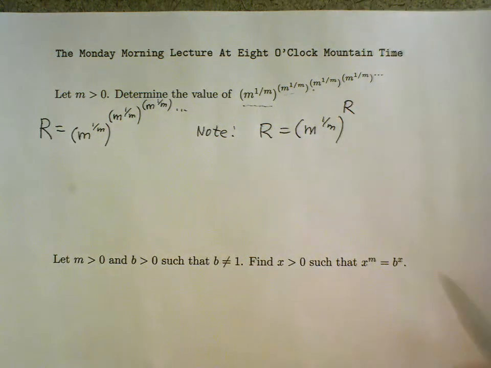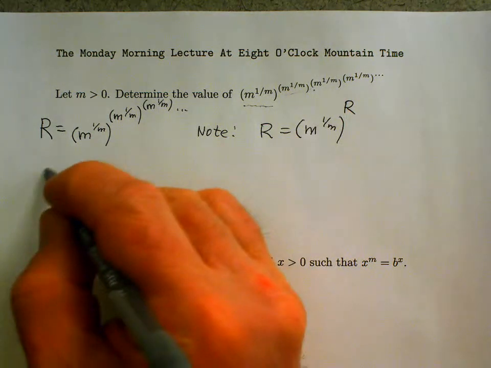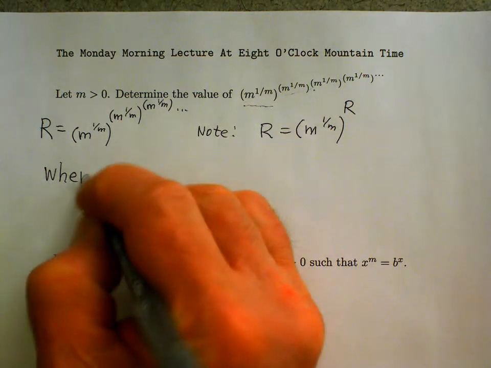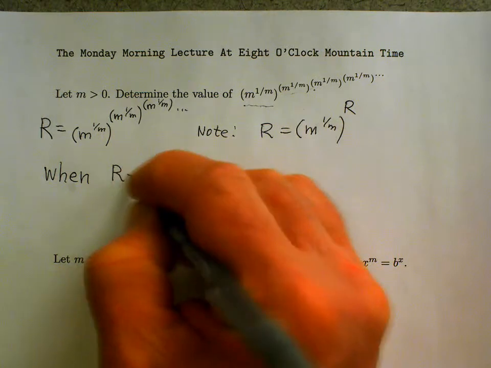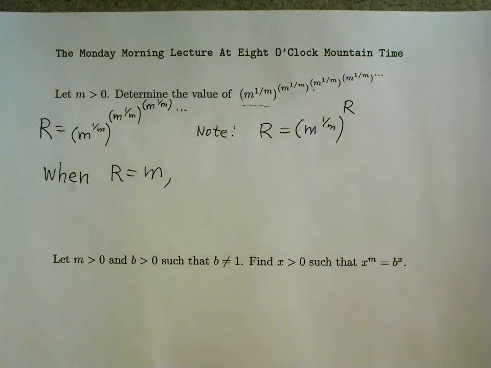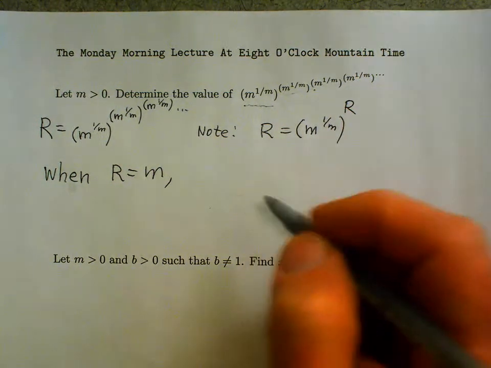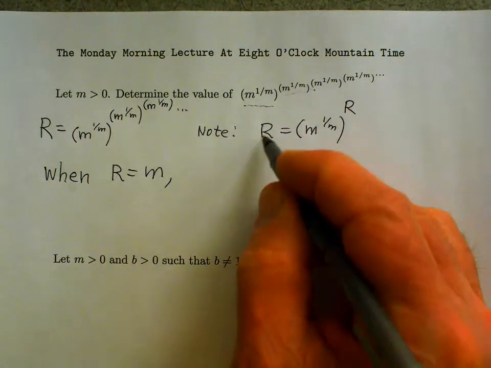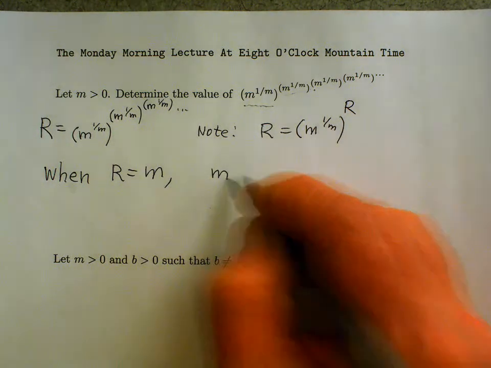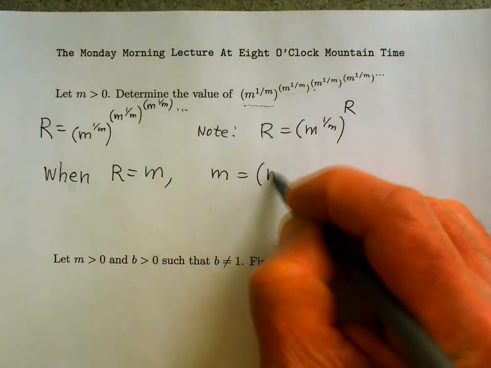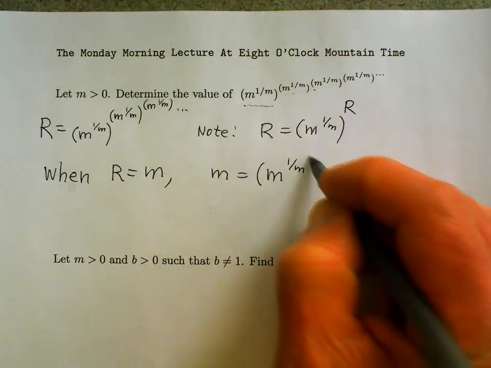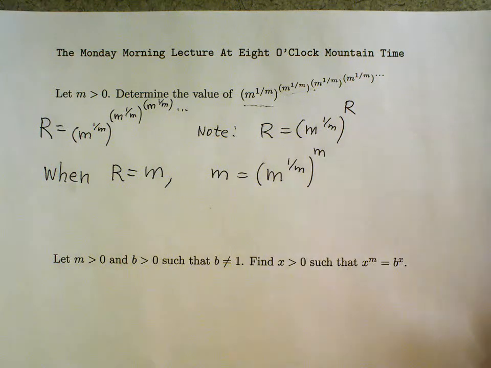And then we just observe that when r equals m, just replace r with m, we get m equals m to the 1 over m raised to the power m.